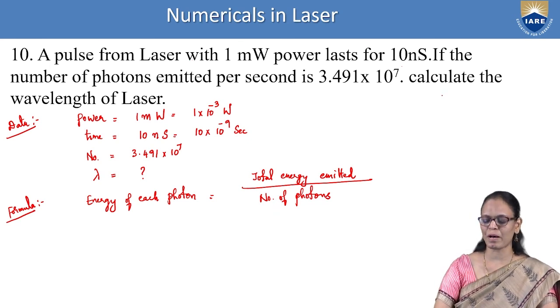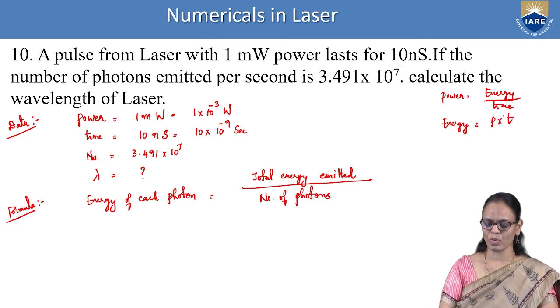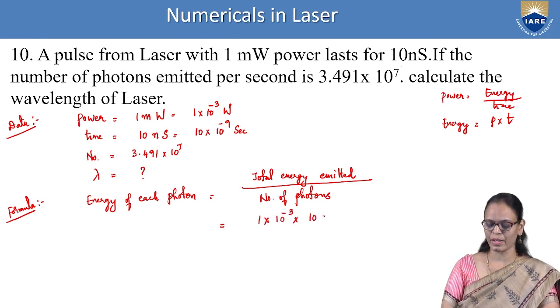Actually here for us power is given. Power is equal to energy upon time. So if we want energy, energy will be power into time. So what will be the total energy here? Power 1 into 10 power minus 3 into time 10 into 10 power minus 9.